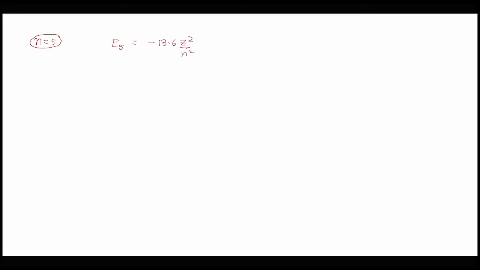Since it is a helium nucleus, I can write it as minus 13.6 into 2 squared by 5 square. So this is the energy of the fourth excited state, which equals minus 2.18 electron volt.